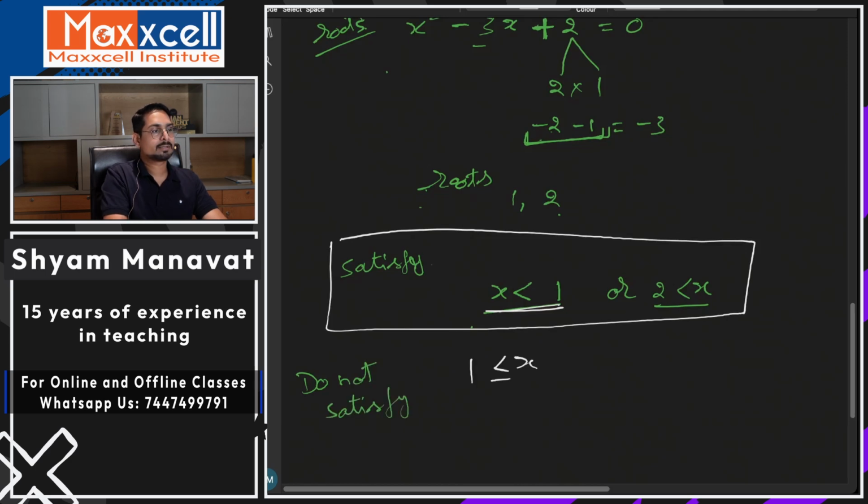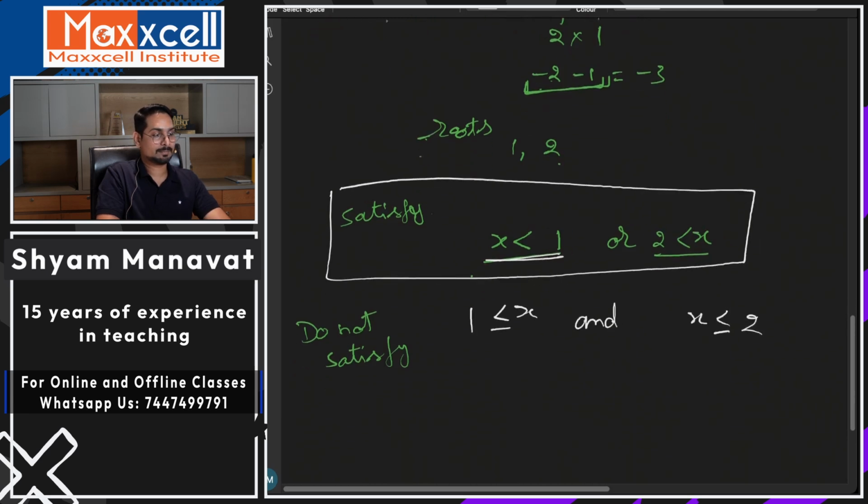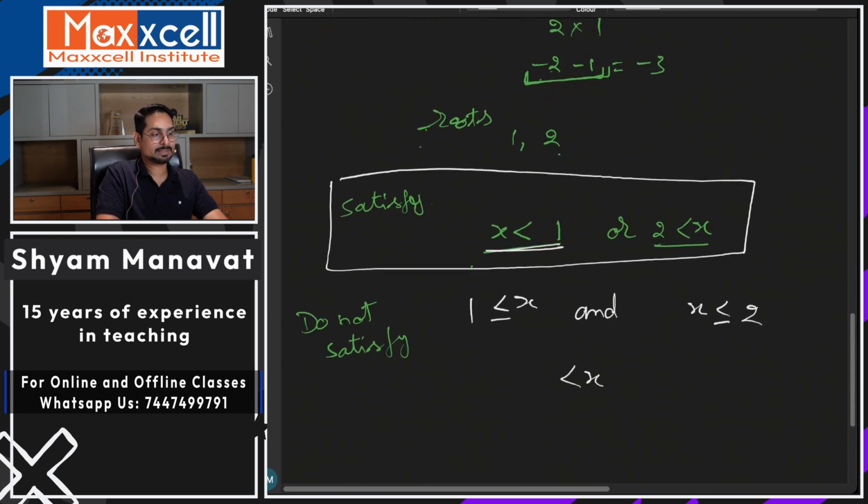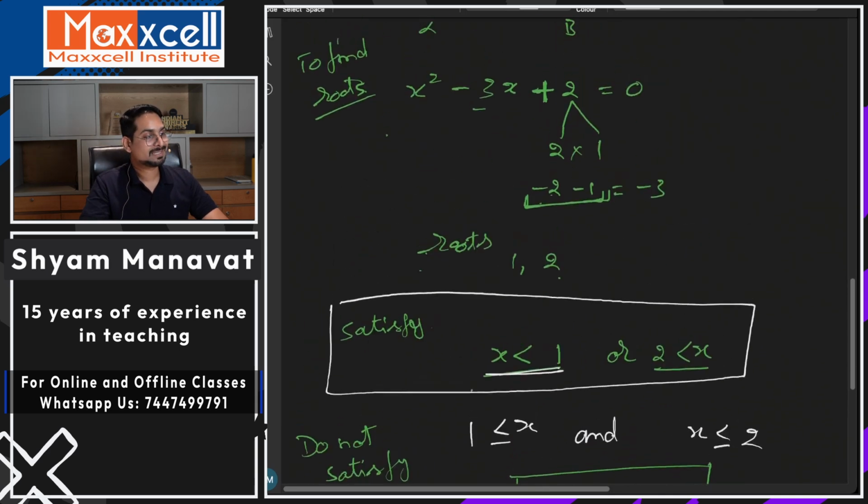So that will be x more than equal to 1, and instead of or we'll use and, x is less than equal to 2. So combined, x is more than equal to 1, less than equal to 2. This is what will not satisfy. These values do not satisfy.